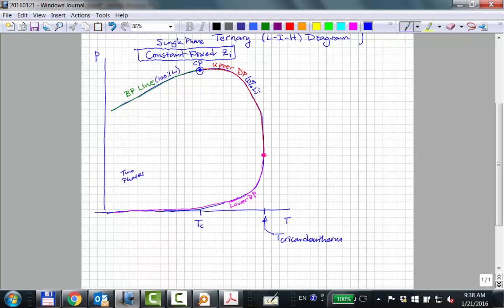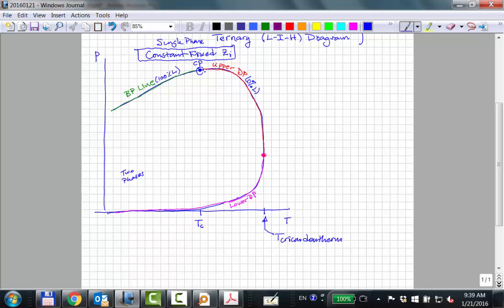Now I'm going to draw a line of where you have 50% gas and 50% liquid. And like all the others, 10%, 90%, 63.2%, they all start from the critical point.